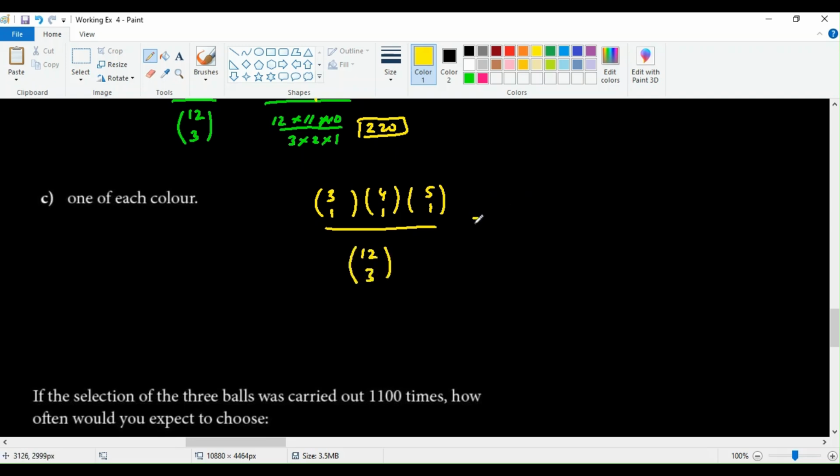So finally on top we will have 3 times 4 times 5, and down below we have 220, as we already know the calculation. This gives us 60 over 220. That means 6 over 22, and further simplification gives us 3 over 11 as the answer for this part of the question.